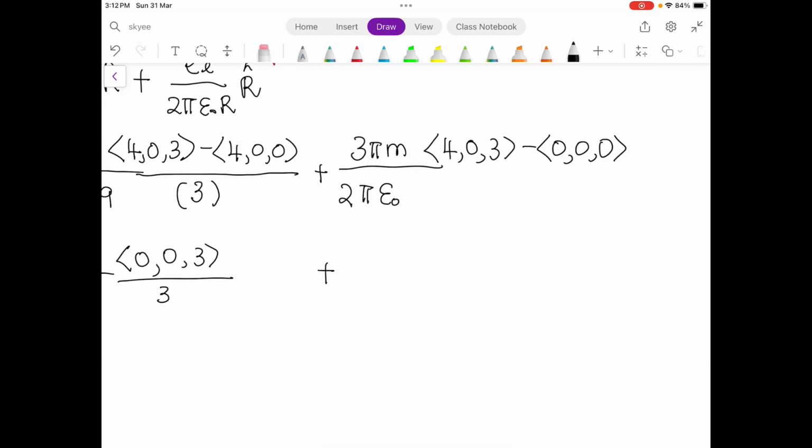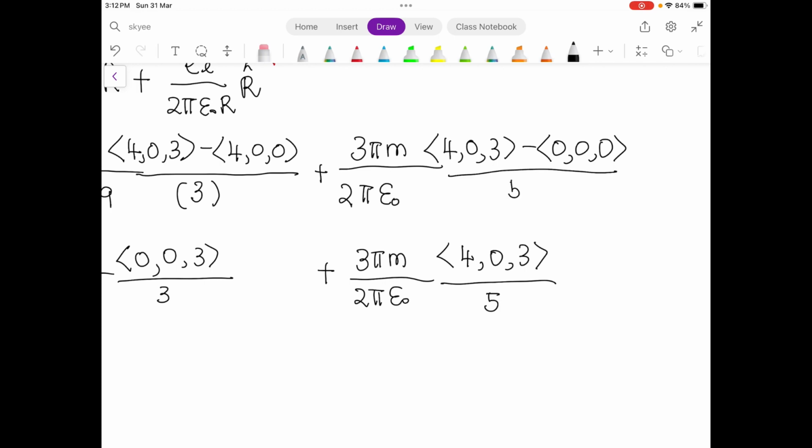So you get 5 here, and this is also 5, right?